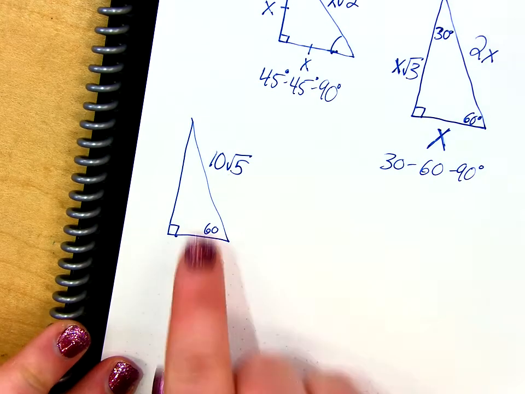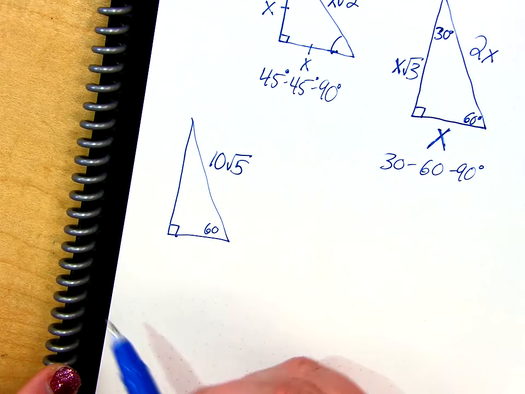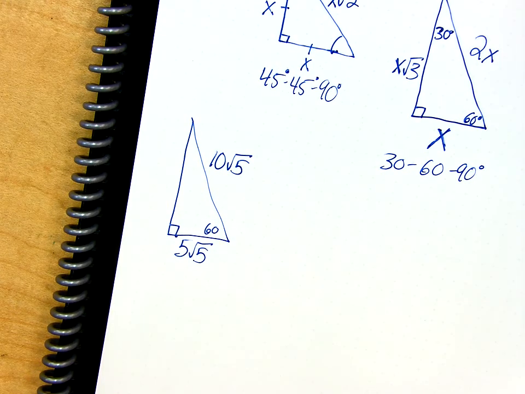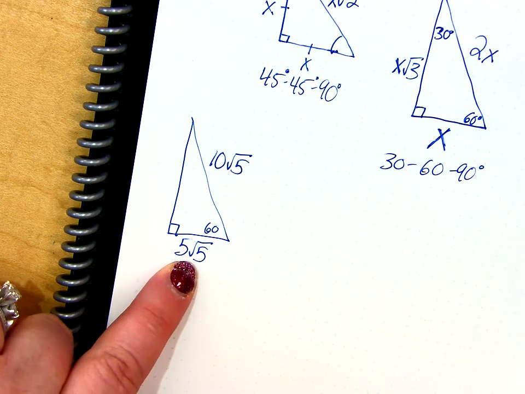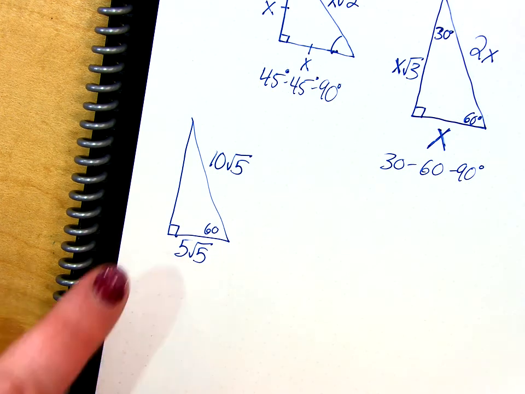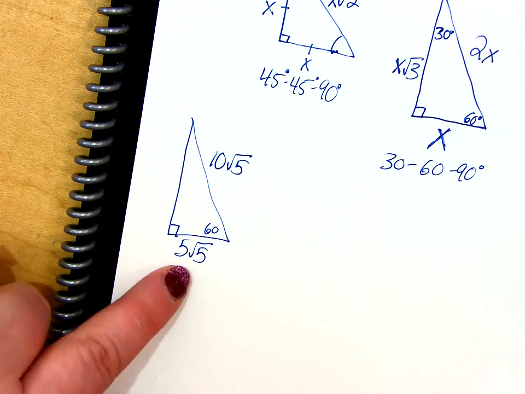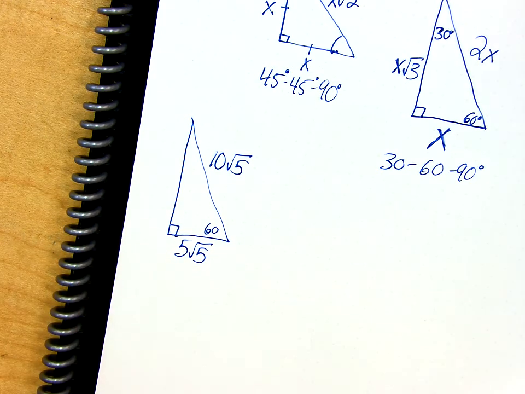So, what would half of this thing be? 5 root 5. That thing divided by 2 would be 5 root 5. Now that I have the short side, I'm going to take the short side and I just multiply it by root 3, right, to get this. So what would that thing be times root 3?